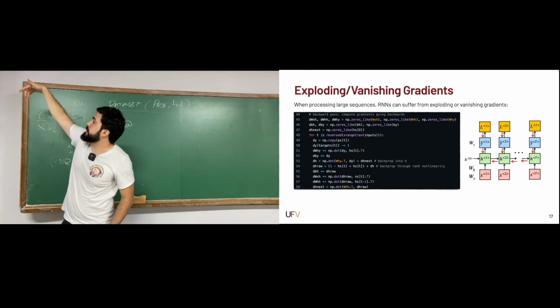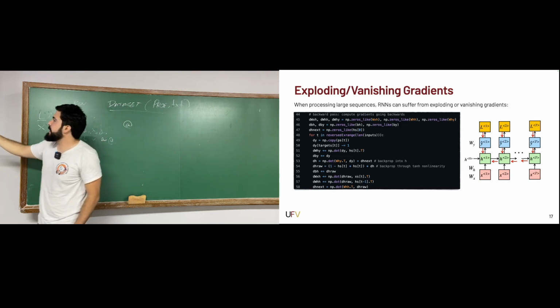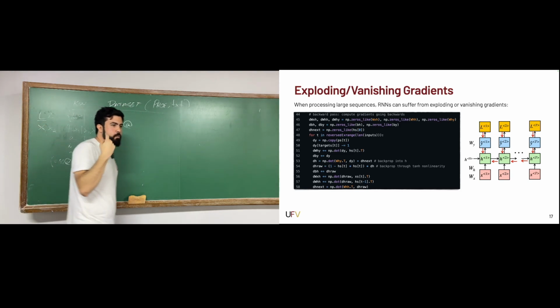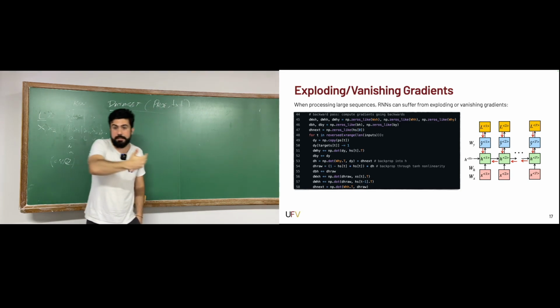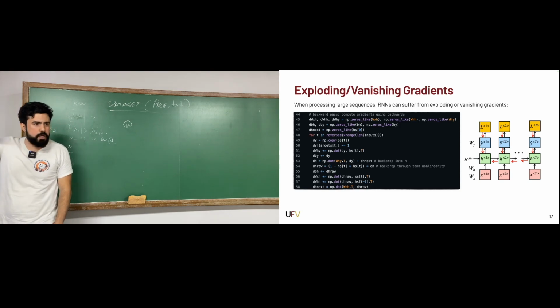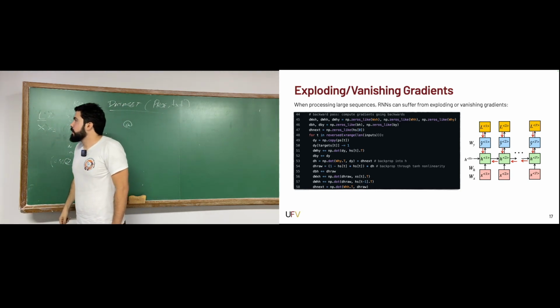And the red arrows are the gradients flowing back. So think about this very first time step 1 here. If my sequence had 1,000 time steps, that for loop would run 1,000 times.